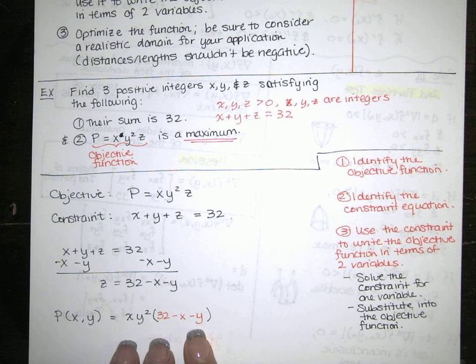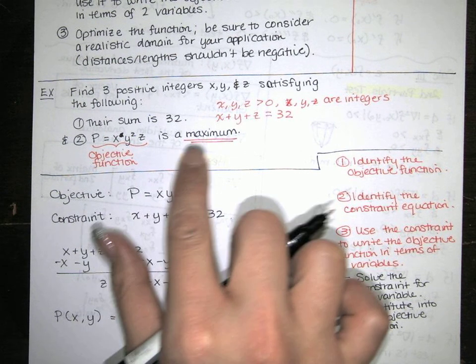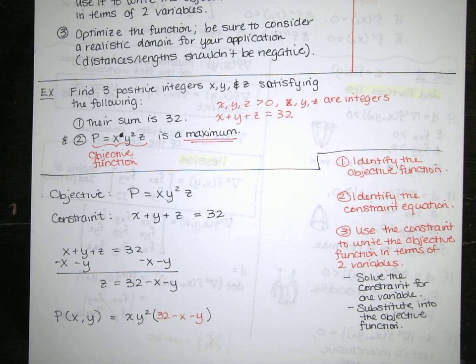Now I've got a function of 2 variables, and I want to find a maximum. So I can use the second partials test to maximize p of x, y now.